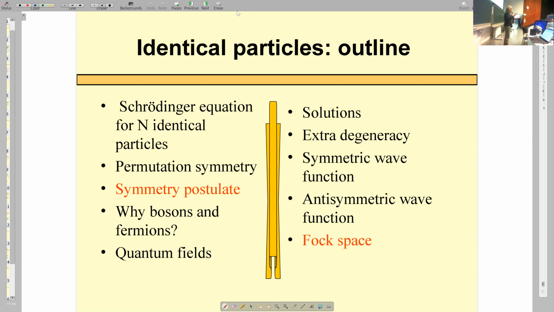It's about identical particles, and it outlines what the problem is, and it gives an overview. We will learn why particles are fields and fields are particles, a very important discovery of the 20th century.